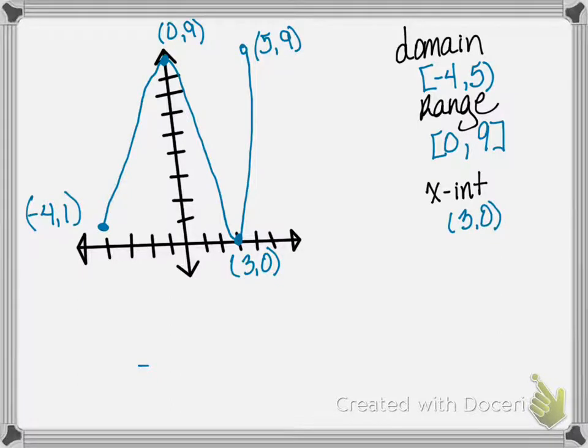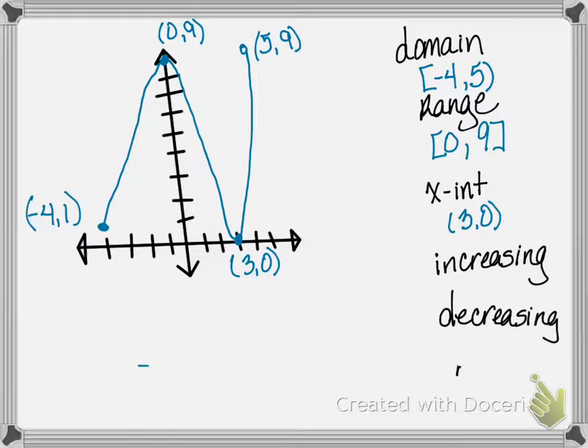Now we're going to do increasing, decreasing, and constant. Now we are back to only focusing on the x value. We're only focusing on the x value for increasing, decreasing, and constant.